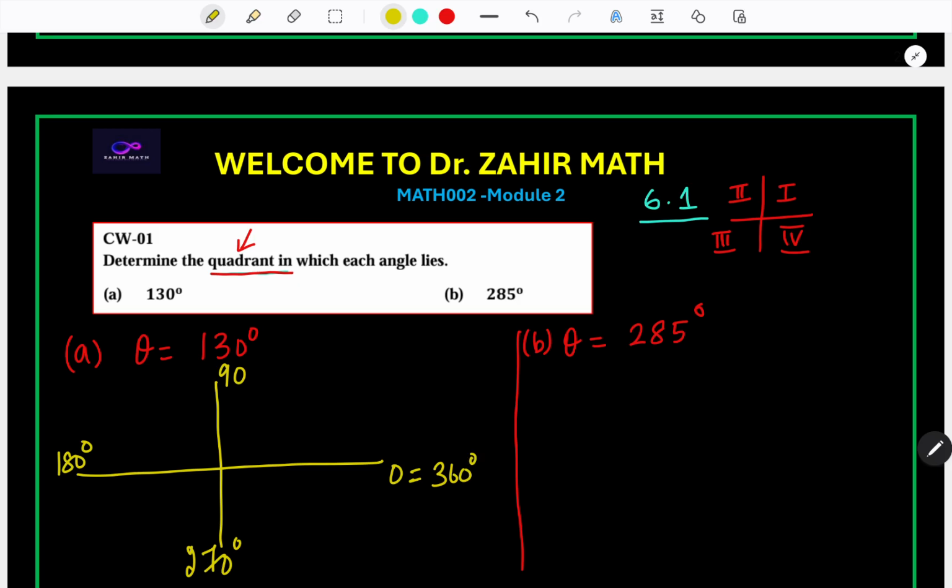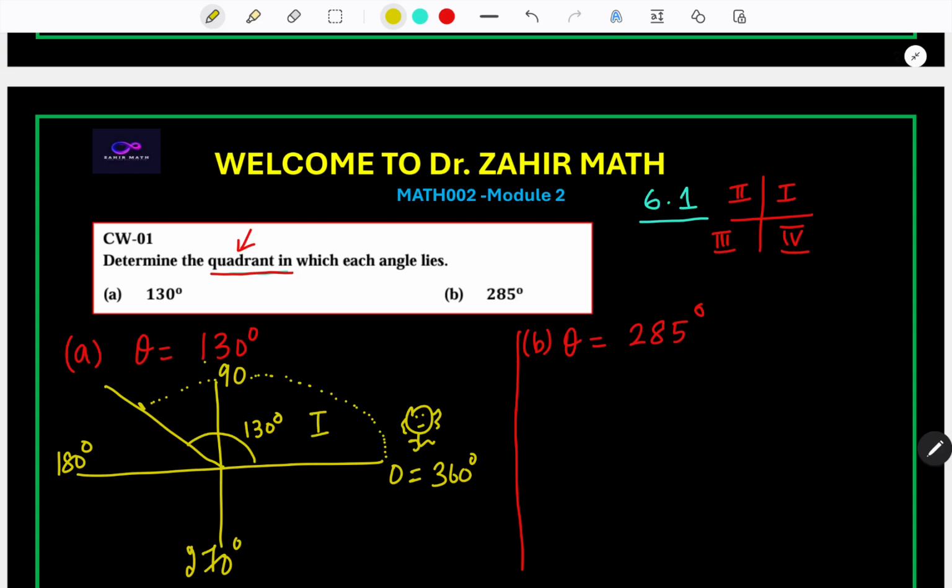Now what is the question? 130 degrees, where does it lie? Let's start. You are starting from here, 0, and just walk up to 90. What is your measurement? 130. Just walk and here it's 130. So you started from 0 and reached 130.